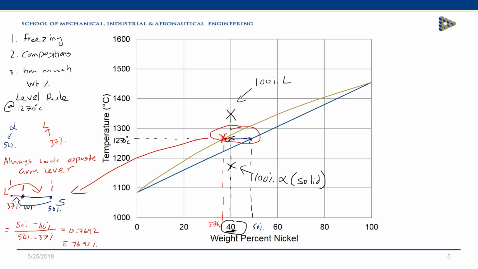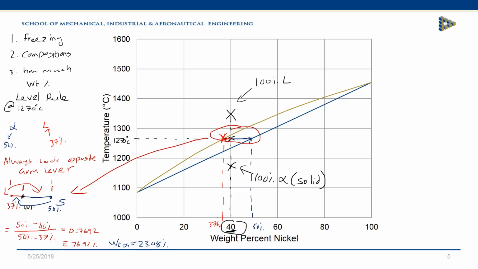So what I've calculated is that the weight percentage of liquid at this point, 1270 degrees, is 76.92% liquid, which means that my amount of solid must be 23.08%. And that's what I expect looking at this lever.